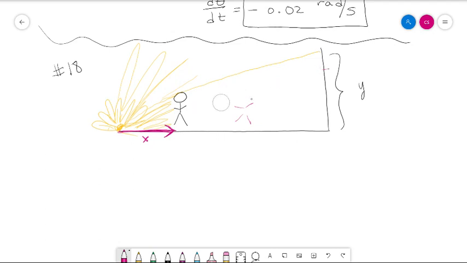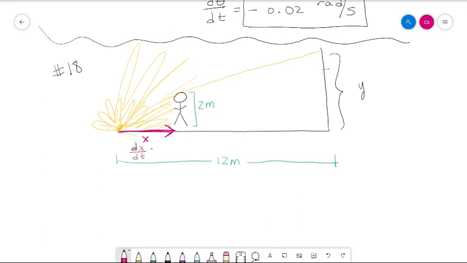Okay, so what are some things we know? We know the height of this person is 2 meters. We know that the spotlight is 12 meters away. And we know that the person is walking towards the wall at a rate, I'm going to say dx/dt.